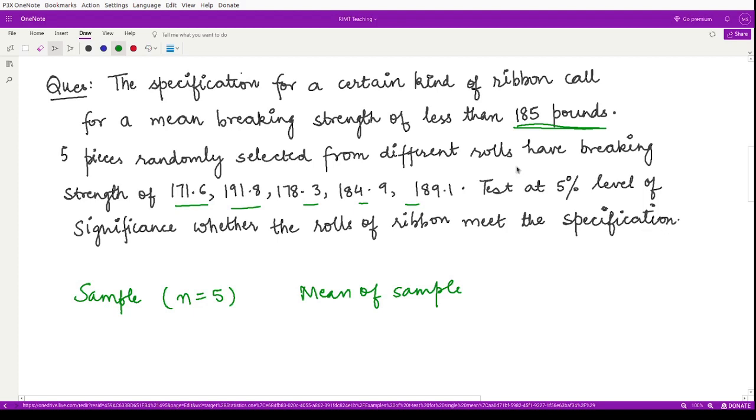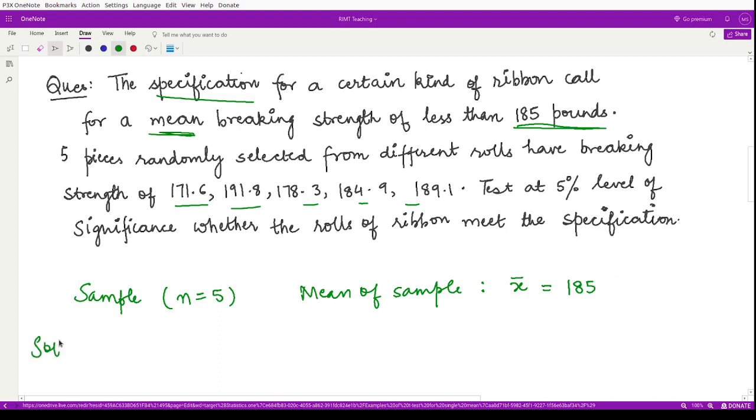The specification given to you is that the ribbon would have a mean of 185 pounds. So you are to test whether the mean of the sample, x bar, is equal to 185 or not. If it is equal to 185, you would say that your sample is significant. Otherwise, you will say that your sample is not significant.